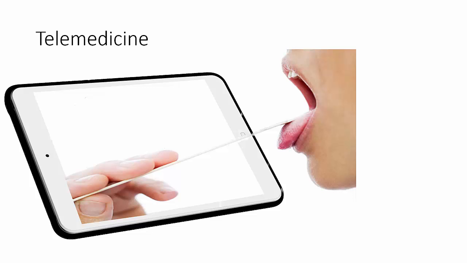A couple of examples might be around telemedicine. As you're thinking about telemedicine, we are really talking about bringing together physicians, diagnostic services, patients, perhaps specialists, even things like counseling through the internet to people.